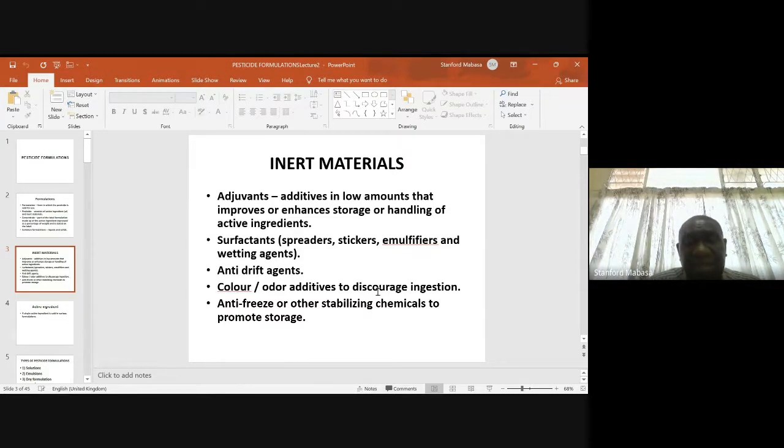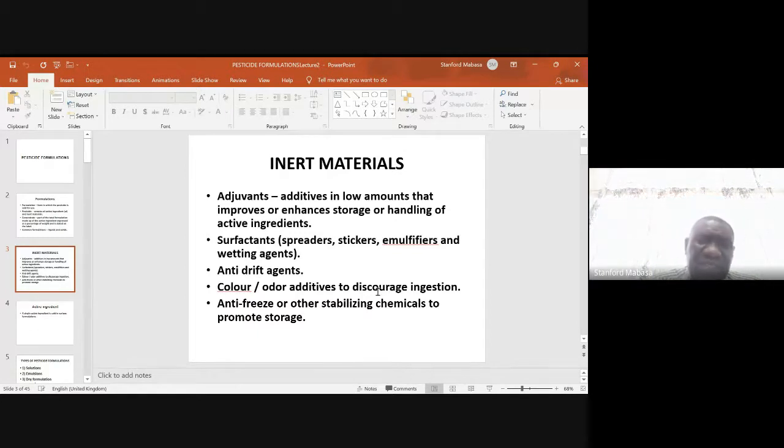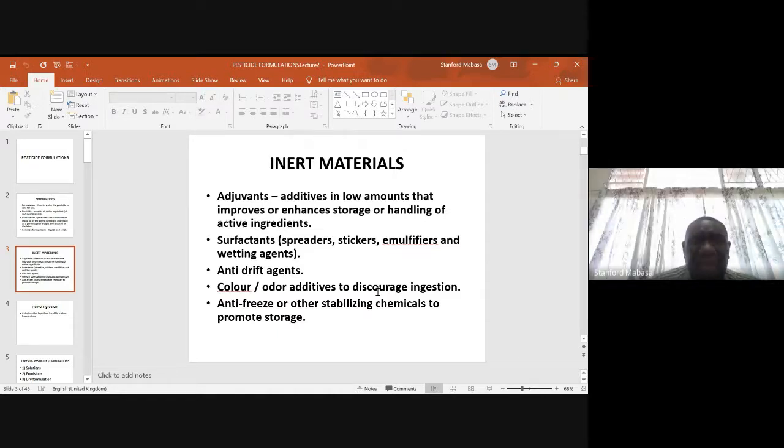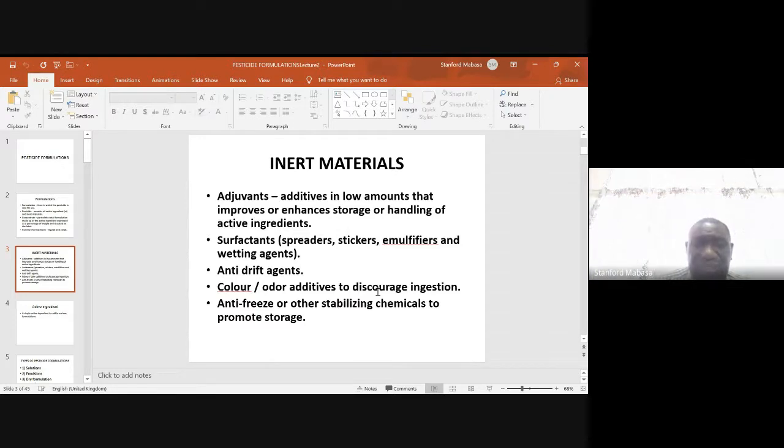In some countries where low temperatures can affect spraying, you put antifreeze or other stabilizing chemicals to promote storage. So you put something so that when there are low temperatures, your pesticide is not going to freeze.